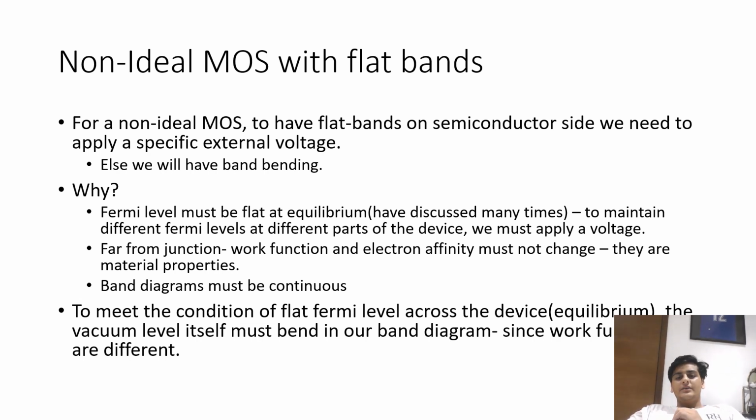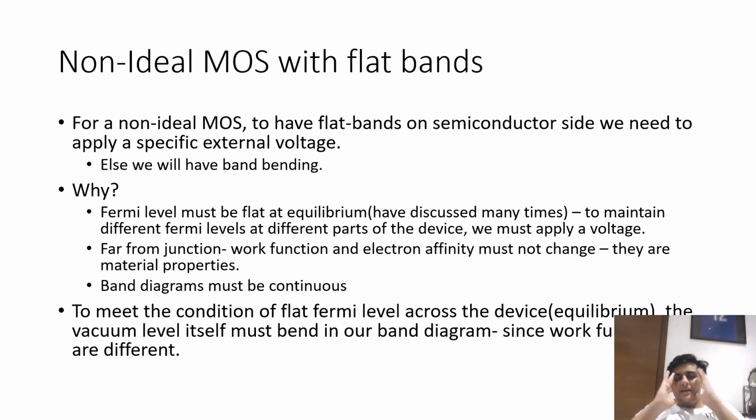Also, one important thing to note is that the work function is defined for an isolated material. So when you have these materials interacting with each other, the definition is likely to be valid far away from the junctions. So in the semiconductor, when you're talking about the work function, you're going to calculate it far away from the oxide, where it behaves like a pure semiconductor.